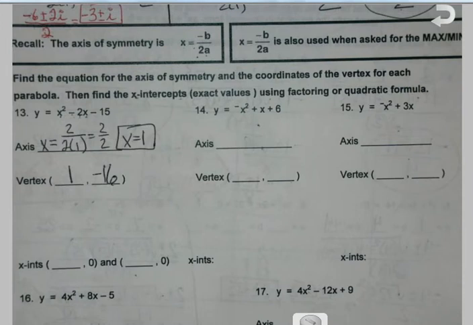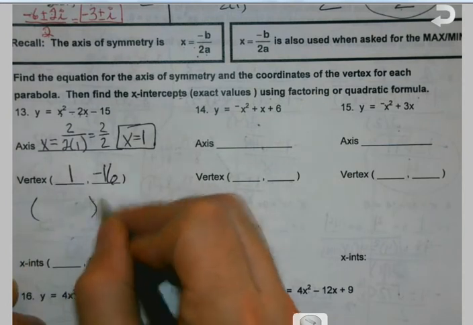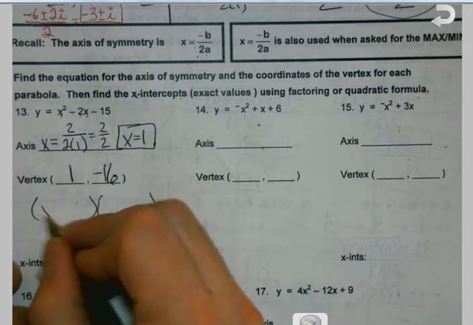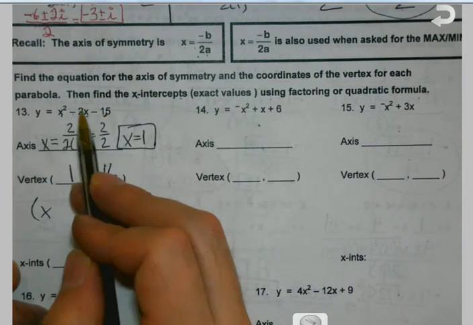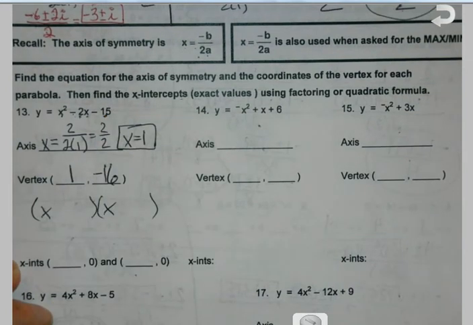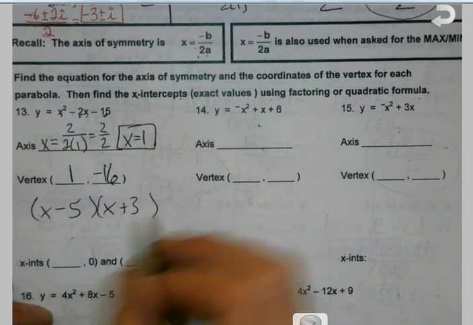And then it says, then find the x-intercepts using factoring or the quadratic formula. Let's see if we can factor this. Factoring's always a better option. It's just faster. So let's see. 2 numbers that multiply to negative 15 but add to negative 2. Negative 5 and 3. And then I just set those.